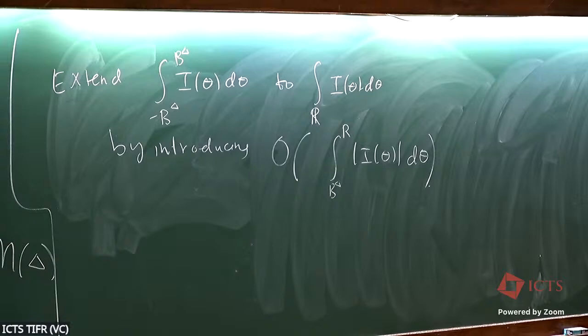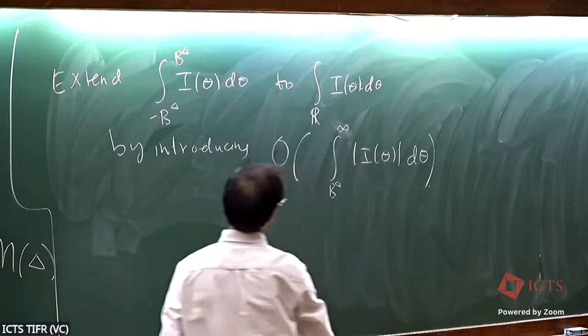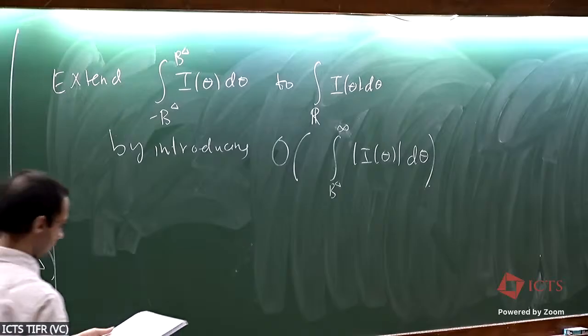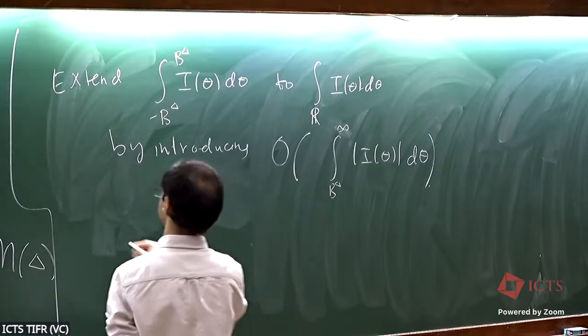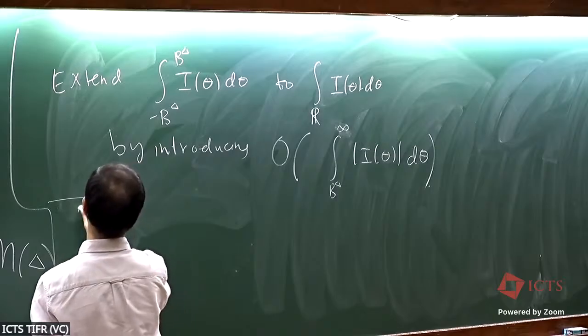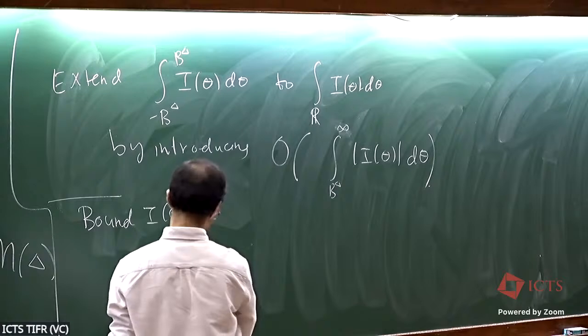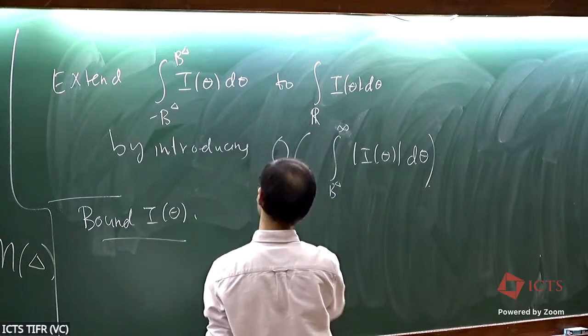And so, yeah, b to the delta to infinity, that is going to somehow give us something good enough. So we want to bound this I theta over here. And let me first, in order to bound I theta, let me first tell you what the bound is, and then we can quickly see that that's the case.